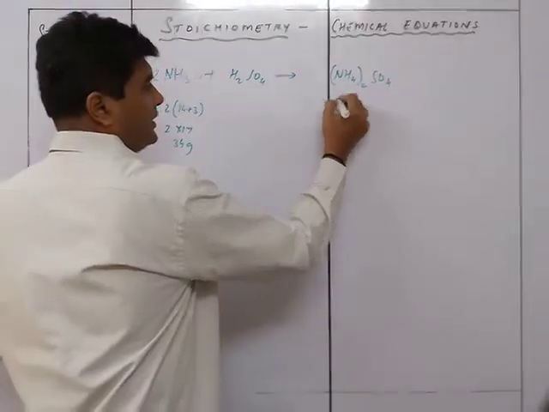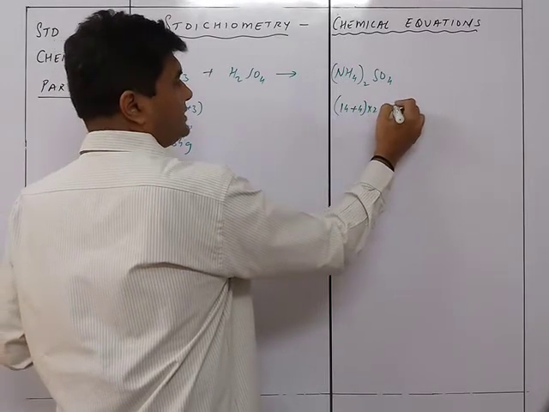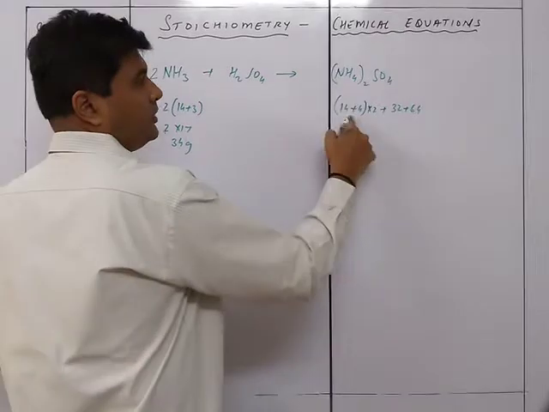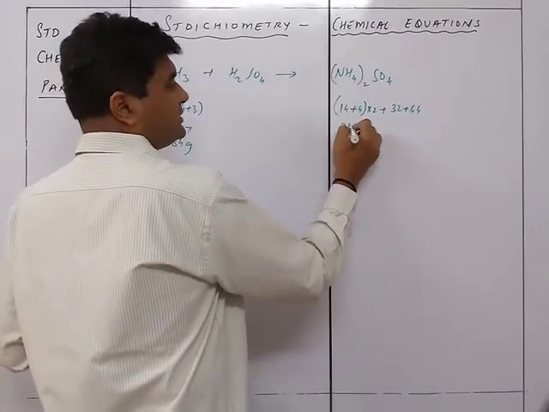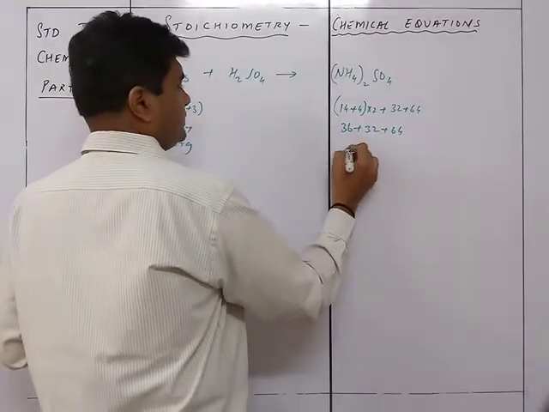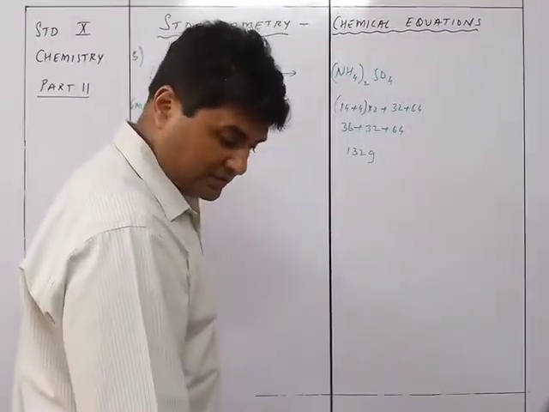Over here it is 14 plus 4, whole into 2, plus 32 plus 64. So 18 twos are 36, 36 plus 32 plus 64. This is 132 grams.